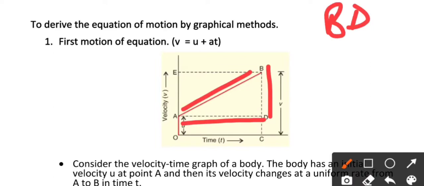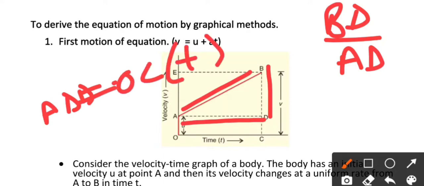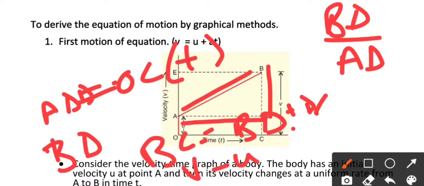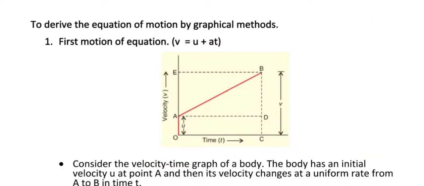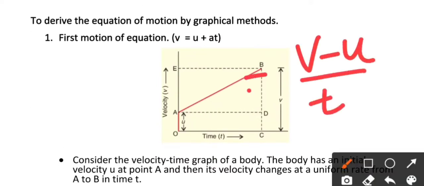AD is equal to OC, which is equal to t. And what is BD? BC is equal to BD plus DC, DC is equal to OA, and BC is completely v. So we find that v minus u is equal to BD. If we put all these together, we get (v minus u) upon t is equal to acceleration.